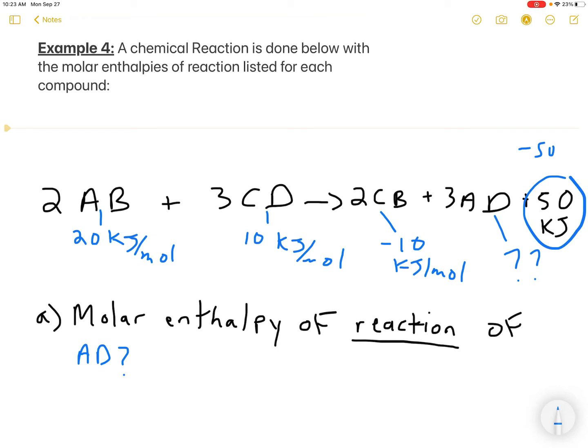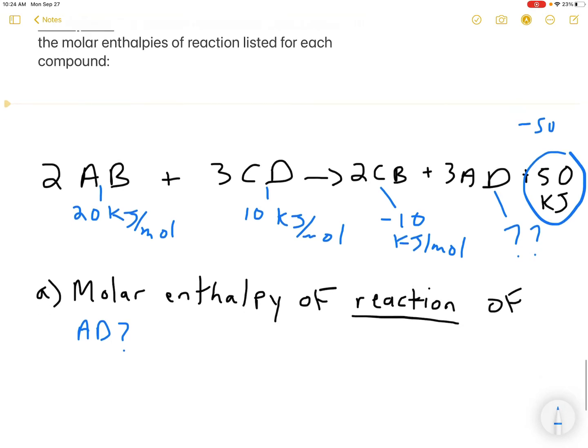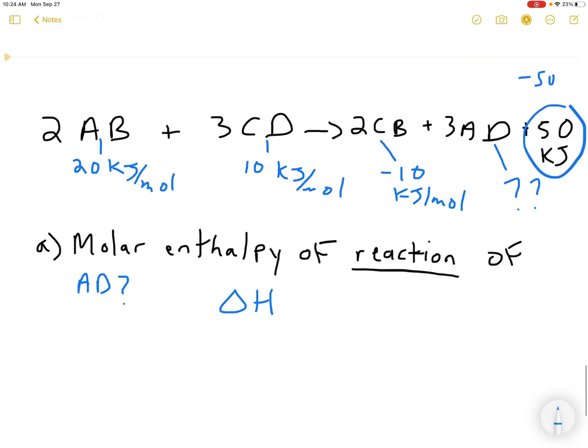And the molar enthalpy of reaction would be pretty straightforward in this case. Remember that the enthalpy of reaction is negative 50, and the molar enthalpy of reaction would just be the enthalpy of reaction, your delta H, divided by the number of moles in the reaction.